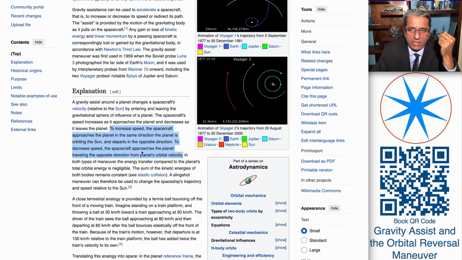No, most of the time when you approach in the same direction, as we saw in our table, you lose velocity. To decrease speed, the spacecraft approaches the planet traveling in the opposite direction from the planet's orbital velocity. No, this actually increases speed.